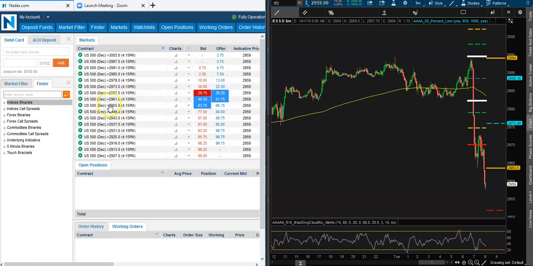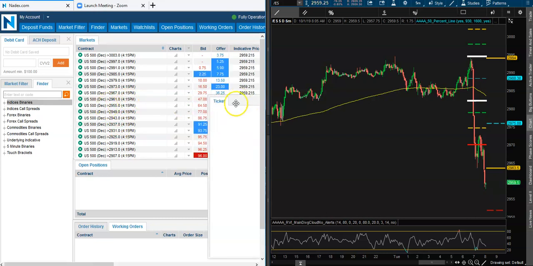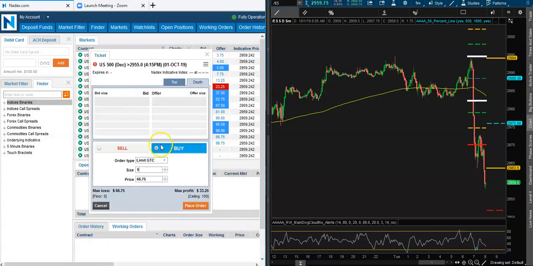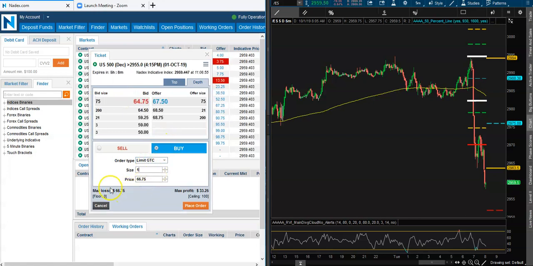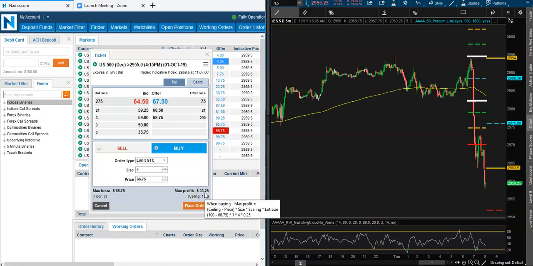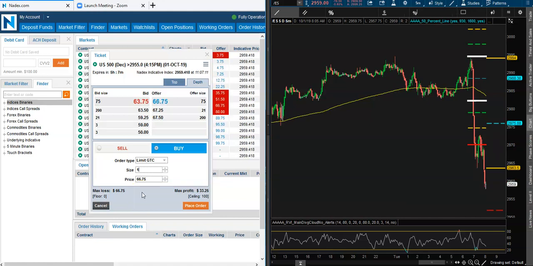So maybe I buy the 55. Well, now I'm risking $66 to only make 33. I don't like that type of trade. I'd rather look for the bigger moves and risk a lot less, so that if I'm wrong, I'm not going to lose as much. Yeah, that's what I like.